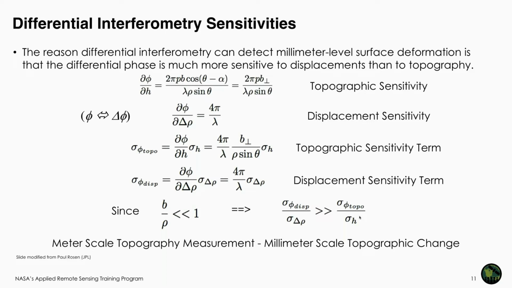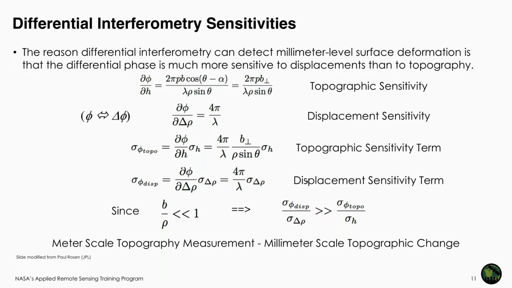We can measure on the order of a few millimeters of surface deformation, whereas with the topographic sensitivity, we can only measure meters or even tens of meters. The errors in the Shuttle Radar Topography Mission data are up to 10 meters in places in much of the world, because of the lower sensitivity to topography than what we have for measuring surface change.